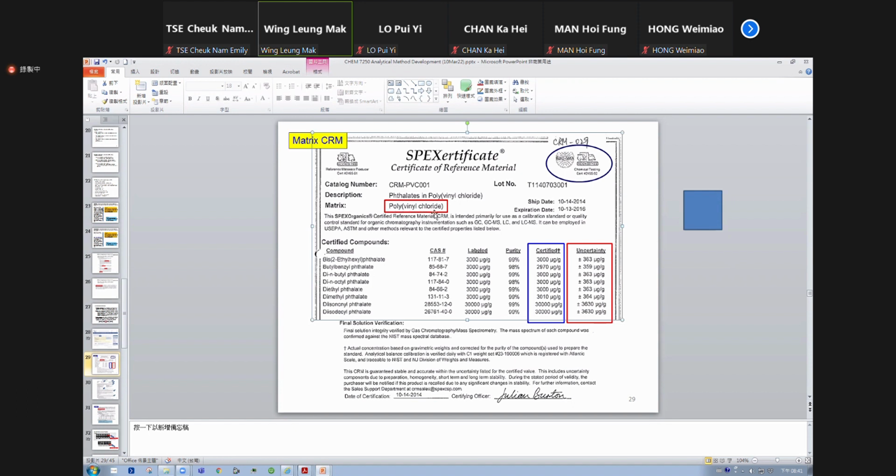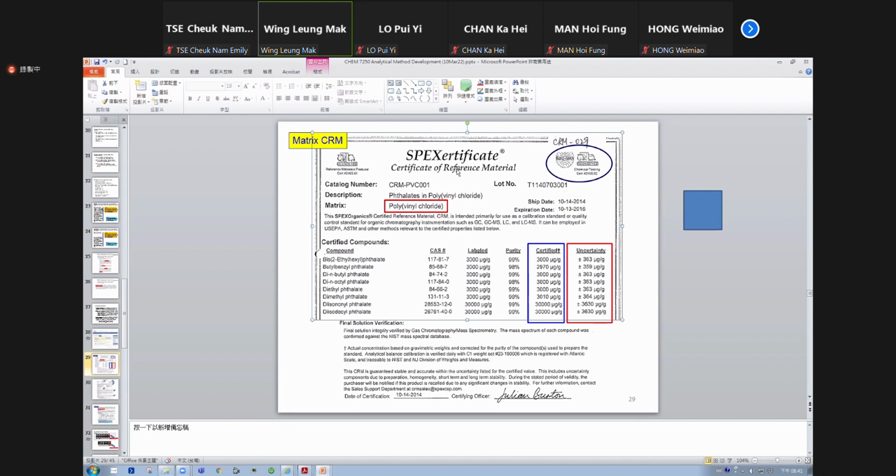Now the matrix is the PVC. PVC is polyvinyl chloride. The PVC is just like the water pipe in the toilet, very hard. However, if we add the phthalate into the PVC, it will make it very soft. You can make a plastic ball very bouncy, with a very elastic surface, because the phthalate is added.